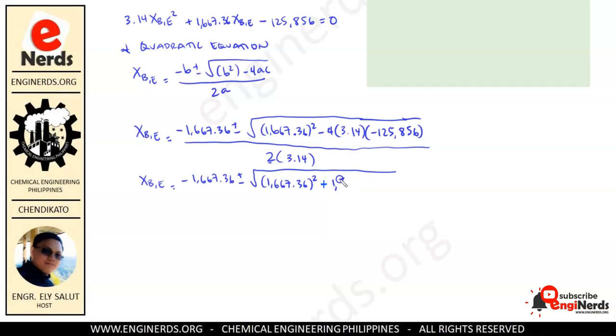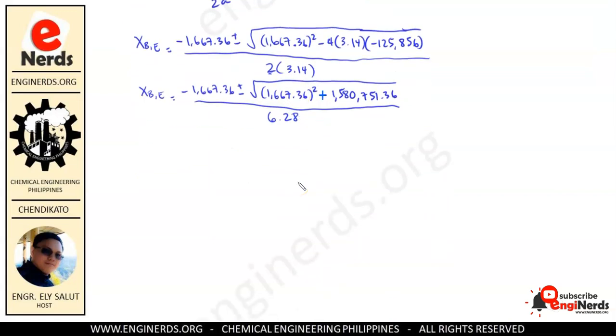So we will have here 1,580,751.36 over 2a, which is 2 times 3.14, which is equal to 6.28. Okay? Now, solve natin itong ating nasa loob ng ating square root.